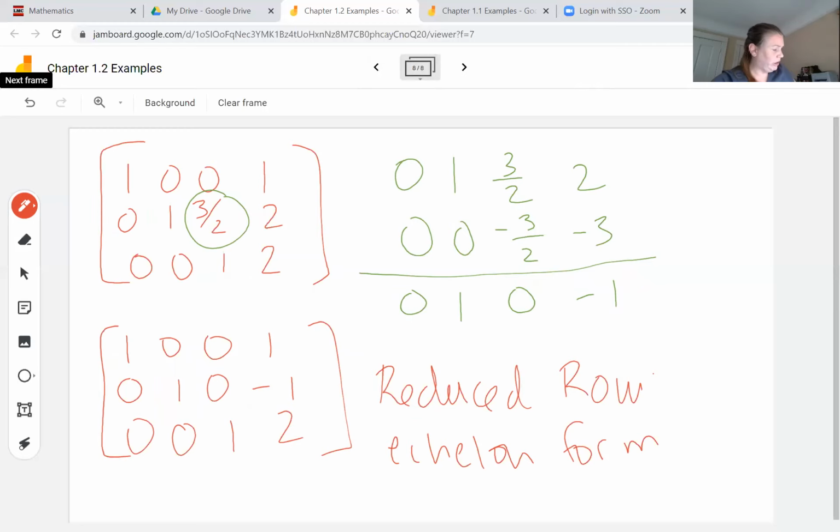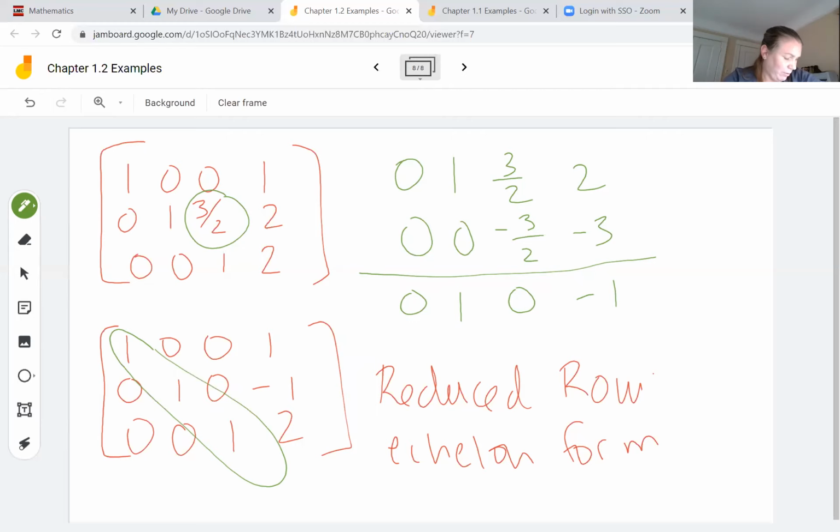Our next criterion is that for each row that does not consist entirely of zeros, the first non-zero entry is a 1. That's what we've got here on our diagonal, all ones right there. And the third criterion is that the leading one in the higher row is furthest to the left. So we get that triangular or staircase pattern here.